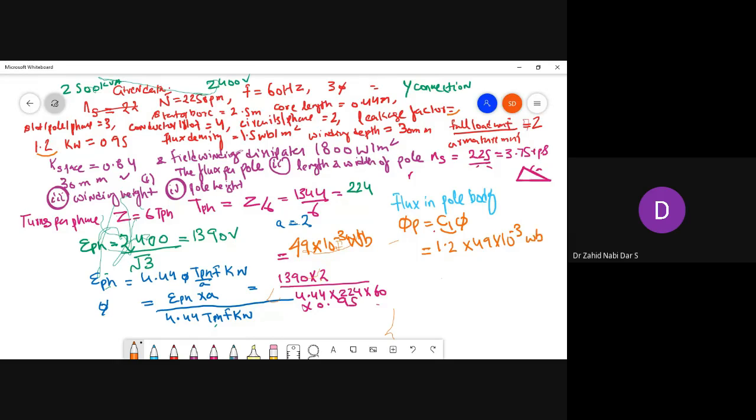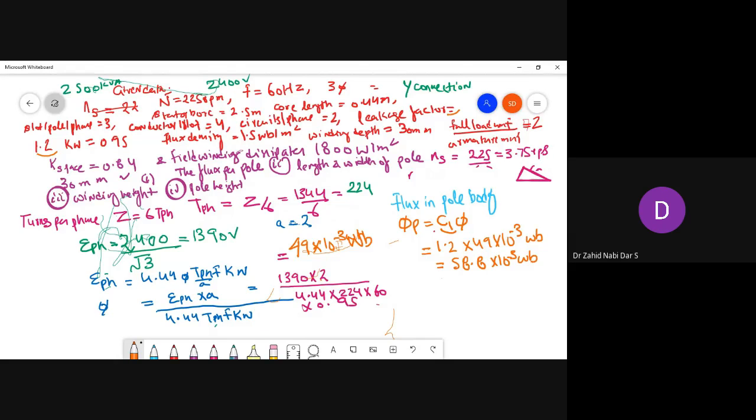Now, an important consideration: once you calculate this, it happens to be 58.8 into 10 power minus 3 Weber. Very good. Now you have to find the area of the pole body. The area of the pole body depends on the flux in the pole body divided by the flux density.